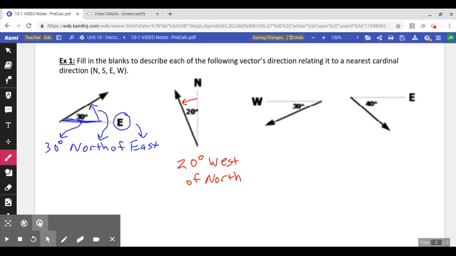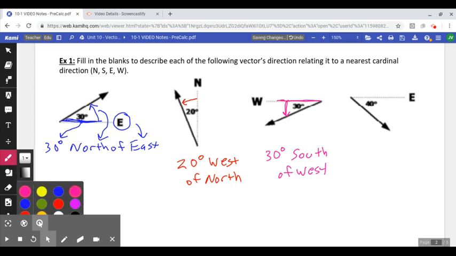And the next one is going to be similar, except we have 30 degrees now. Our reference is west, and we're moving south from west. So if we imagine starting here on this reference line, and we move to the south by 30 degrees, we would say that that angle is 30 degrees south of the reference, which is west.